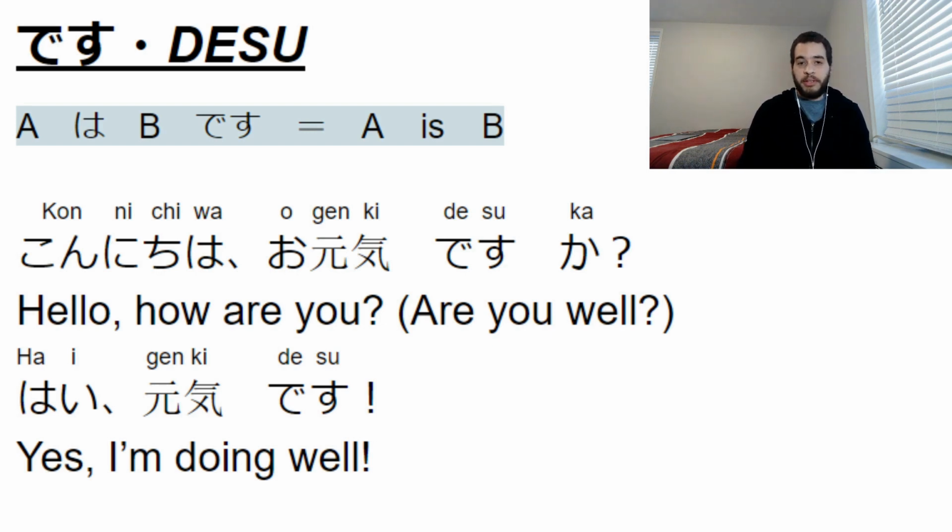We're going to talk about particles in another video later on, but for now, just know that ka at the end of a sentence is going to make a statement into a question. So, konnichiwa, o genki desu ka? Hello, how are you? Are you well? But to answer the question, you'll say, hai, genki desu. Yes, I'm doing well. All you got to do to answer the question is take off the ka question marker.